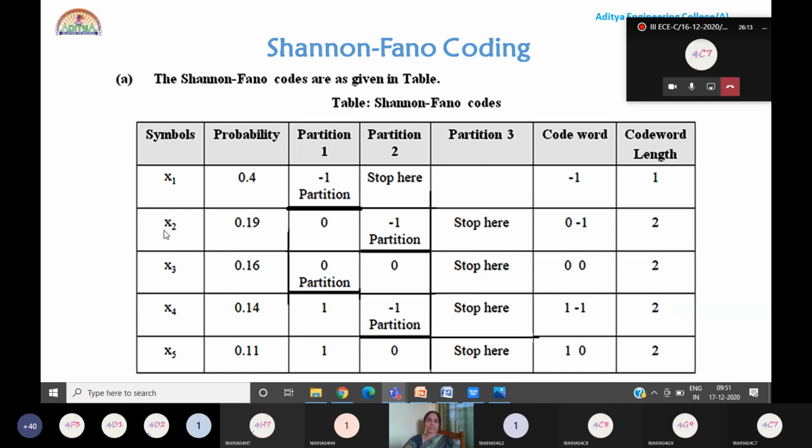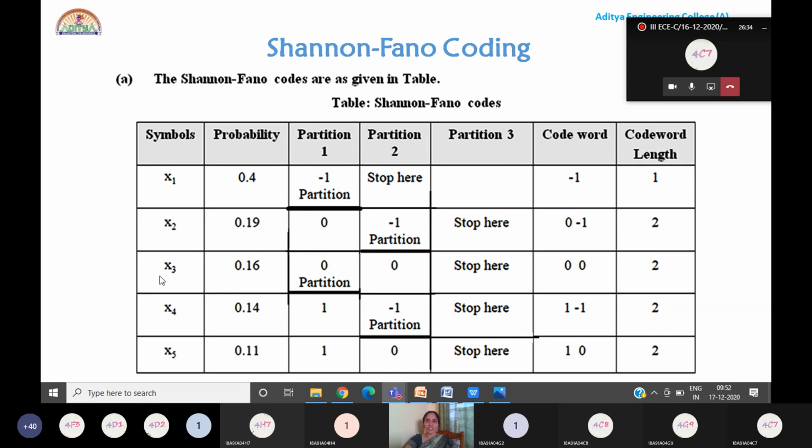If you observe x2, follow the path in the same direction. So x2 has two bits, 0 and -1, and I have represented the same code word here.